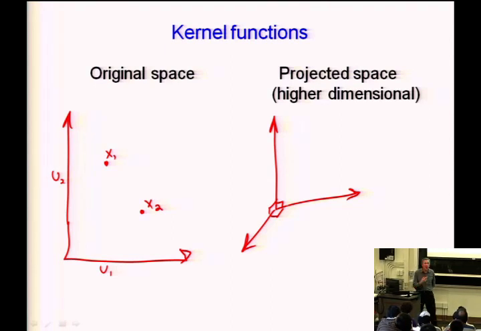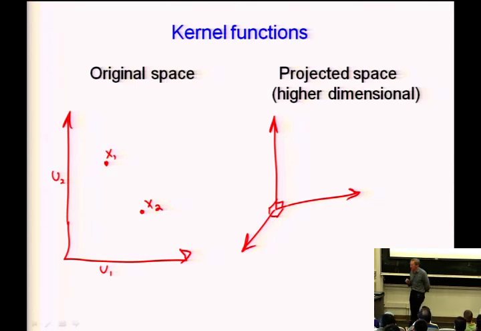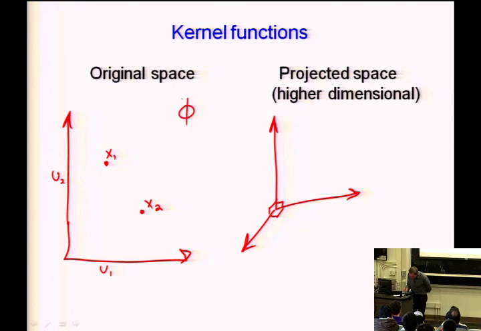Now, in the spirit of the last couple lectures of projecting points into different spaces, suppose I have some function phi. Let's call this space 1, and this is space 2. Let's call this Euclidean space of 2 dimensions and this Euclidean space of 3 dimensions. So I have some function that can map from R2 to R3.